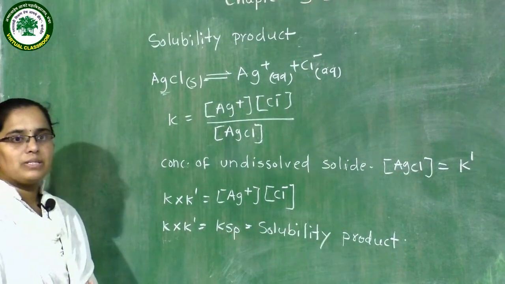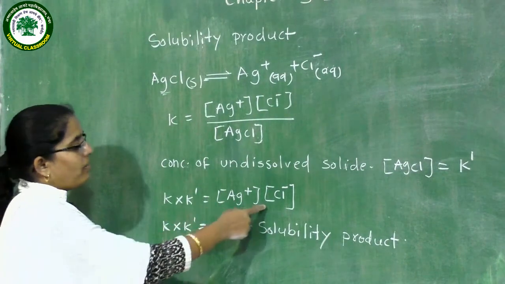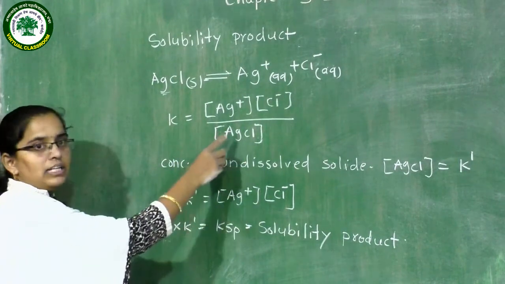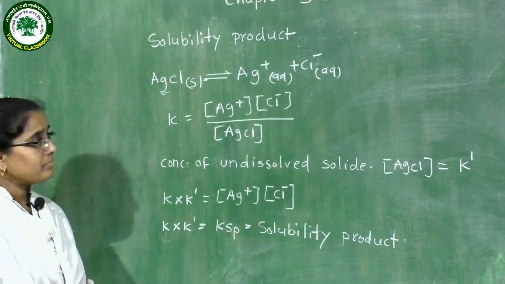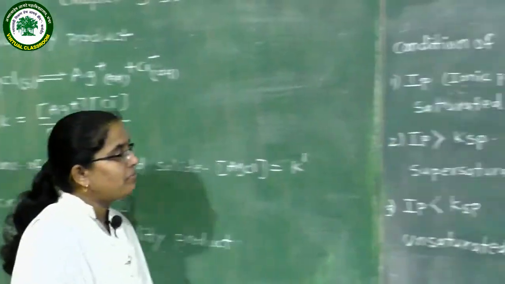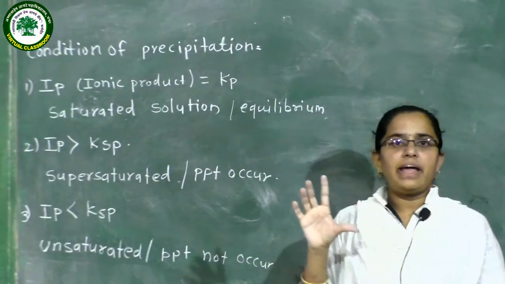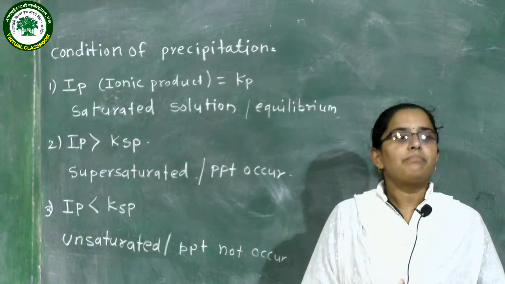How will you define solubility product? Solubility product is the product of ions in solution. The next point is condition for precipitation. In practice, we sometimes see formation of a precipitate, called PPT.